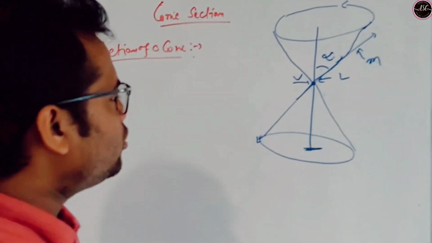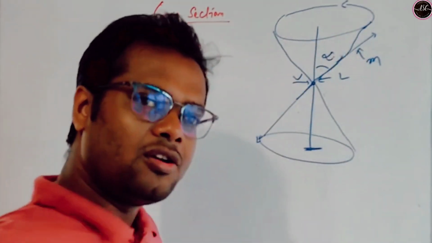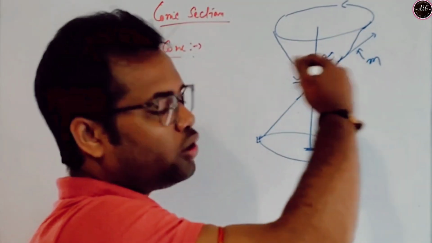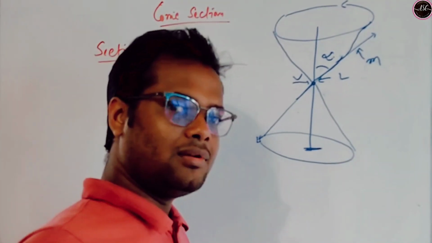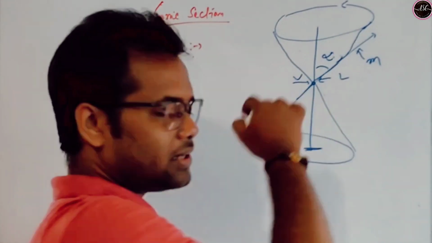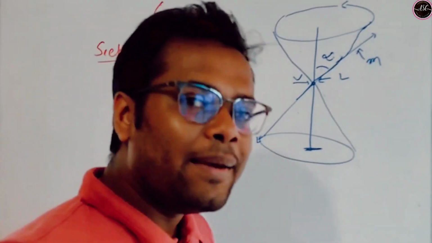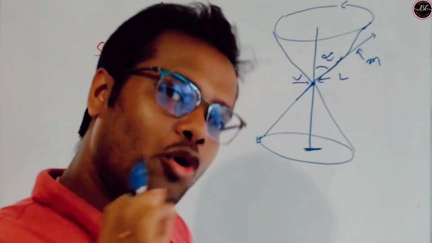So this is a cone, this is also a cone. By rotating the line M, the surface which is generated is called a double nappe right circular cone.